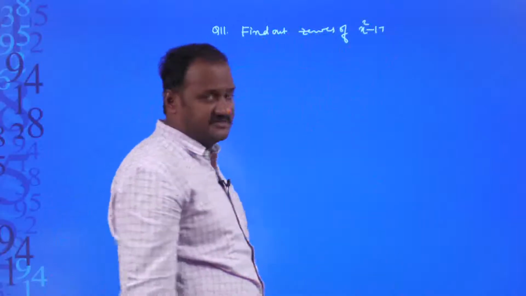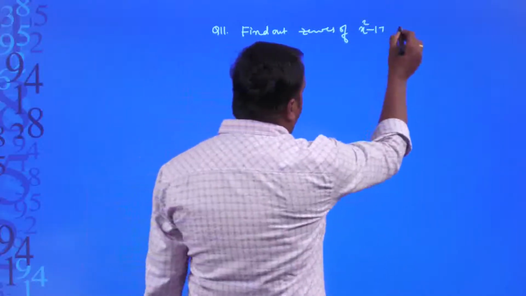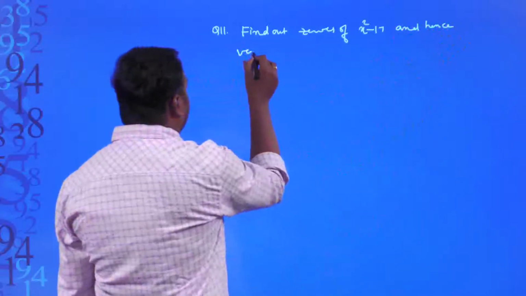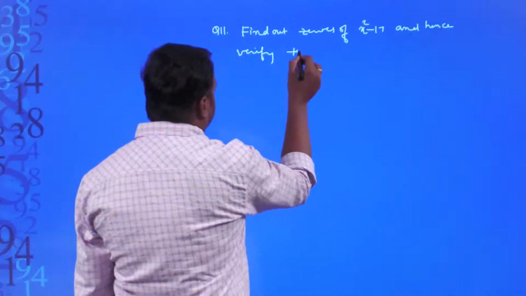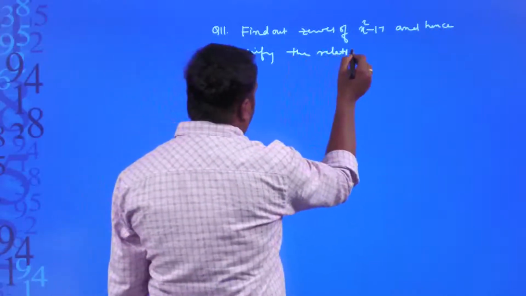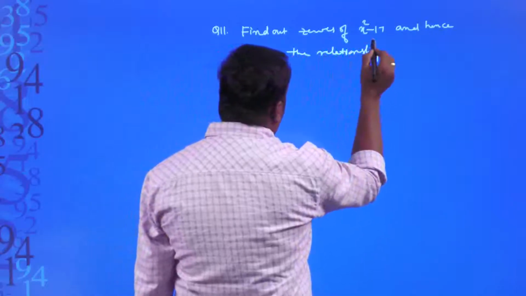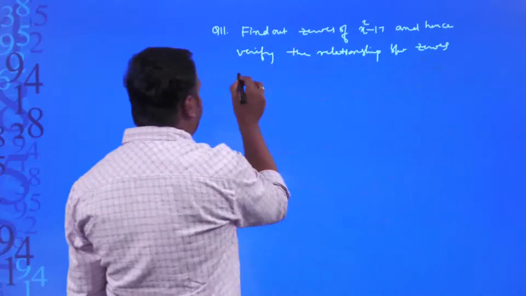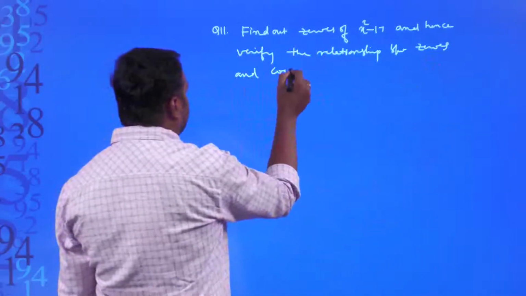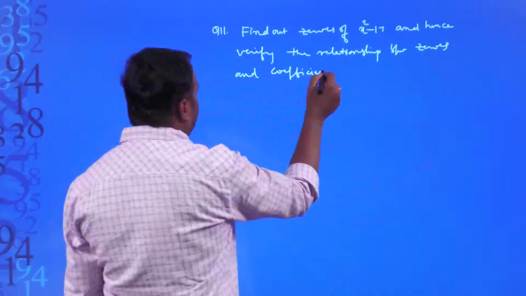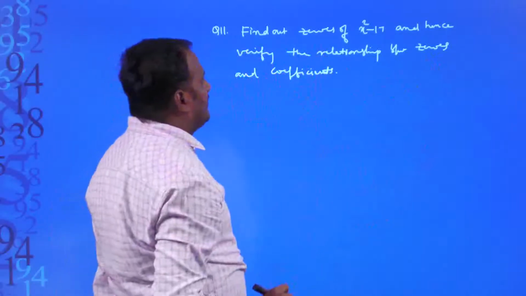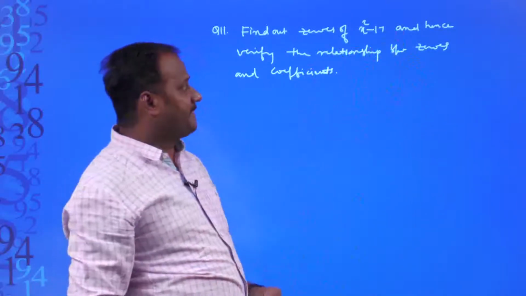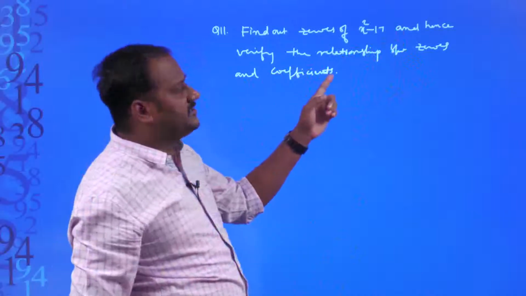You will have to find out zeros of this polynomial x square minus 17, and hence verify the relationship between zeros and coefficients. So how to find out zeros of the polynomial x square minus 17? That is the first task. And then verify the relationship between zeros and coefficients.